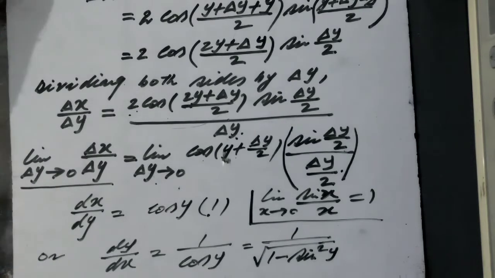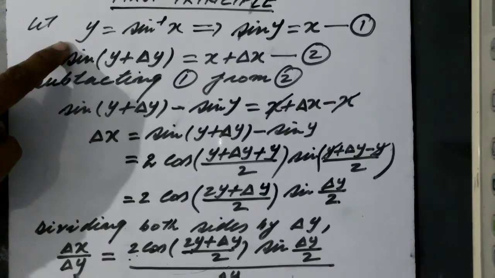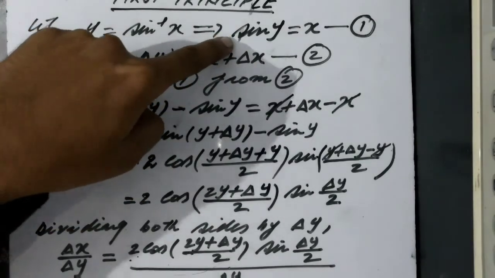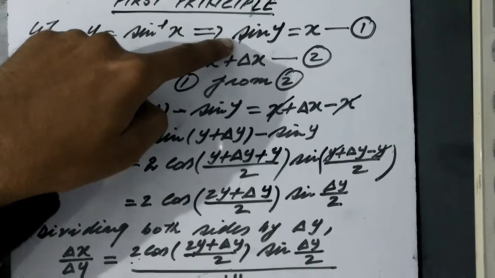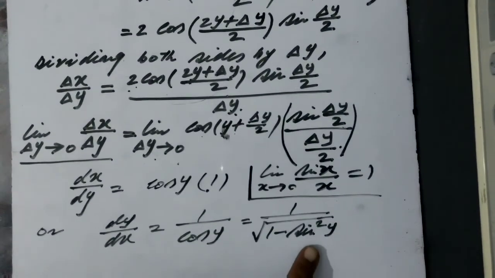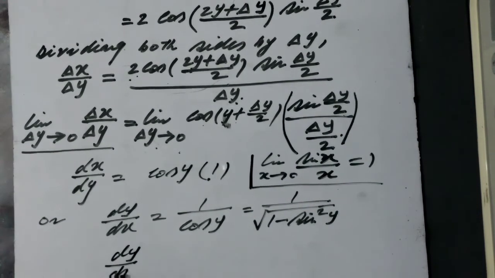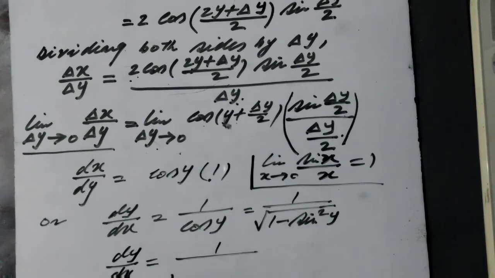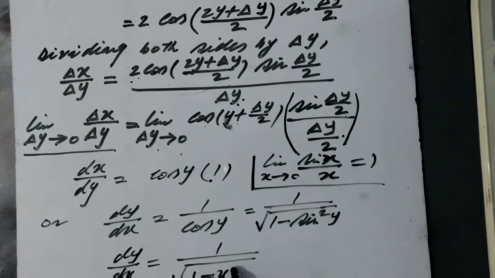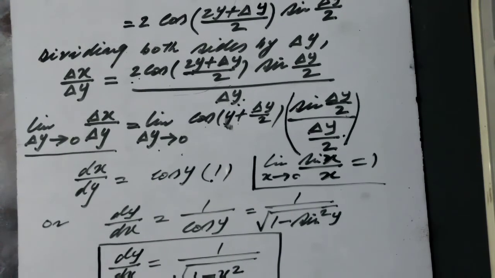So as we have assumed in the beginning y is equal to sine inverse x, and by that we have inferred sin y is equal to x. So from here, if we substitute sin y is equal to x in this expression, we have dy upon dx is equal to 1 upon under root 1 minus x square. This is the standard formula for the derivative of sine inverse x by first principle.